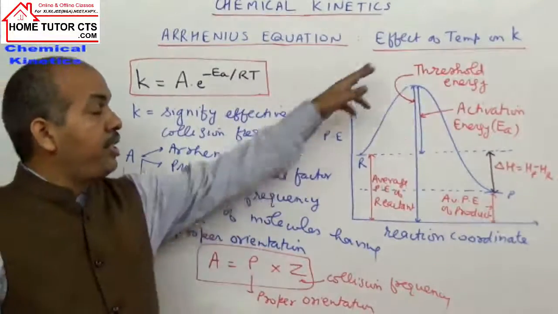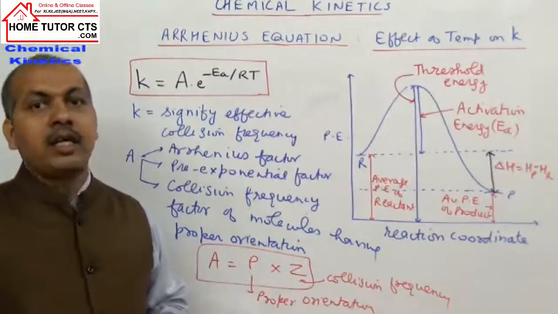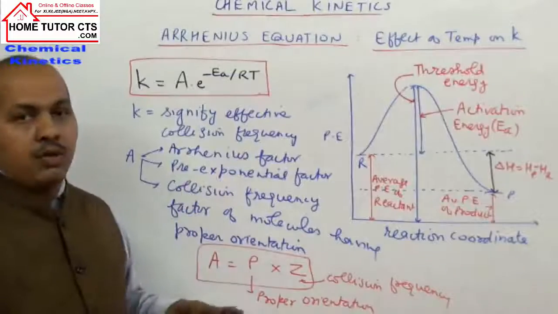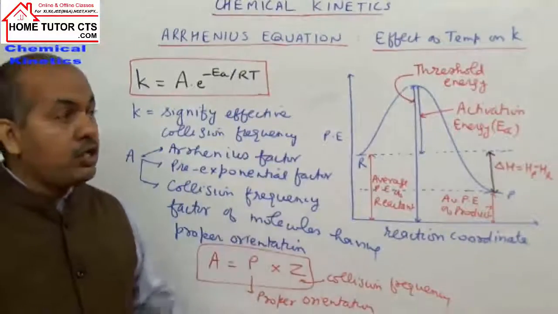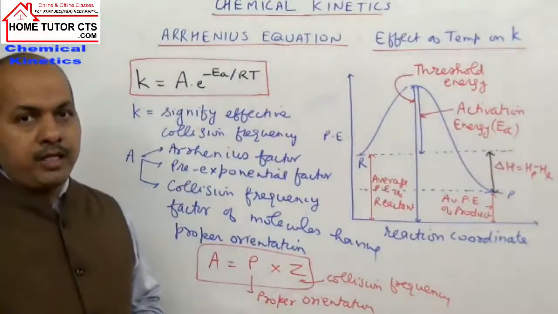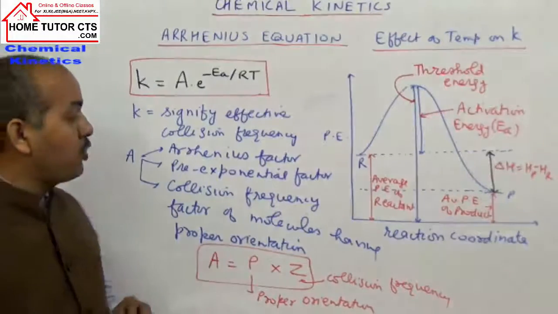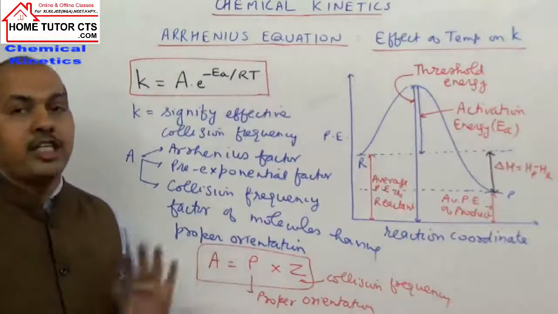Or if they have only sufficient energy but not proper orientation, again they cannot convert to product. For the collisions to be effective, in which the reactant molecules can convert to product, they should fulfill both requirements. The molecules should have sufficient energy as well as proper orientation.